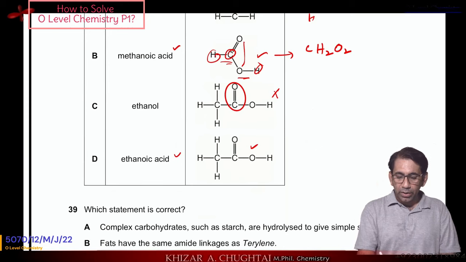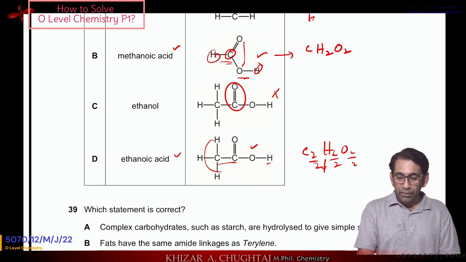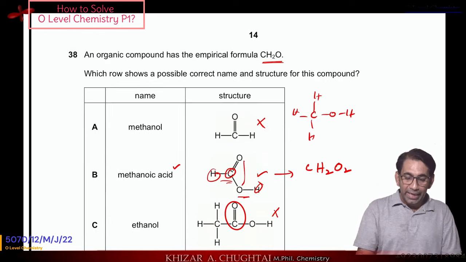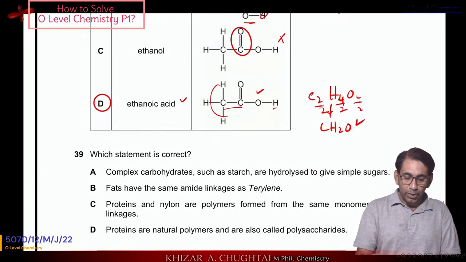What about this one? It has two carbons, four hydrogen and two oxygen. It can be further simplified, divided by 2, and you will get CH2O. Yes, D is the correct option. Its empirical formula is CH2O, not the methanoic acid one.